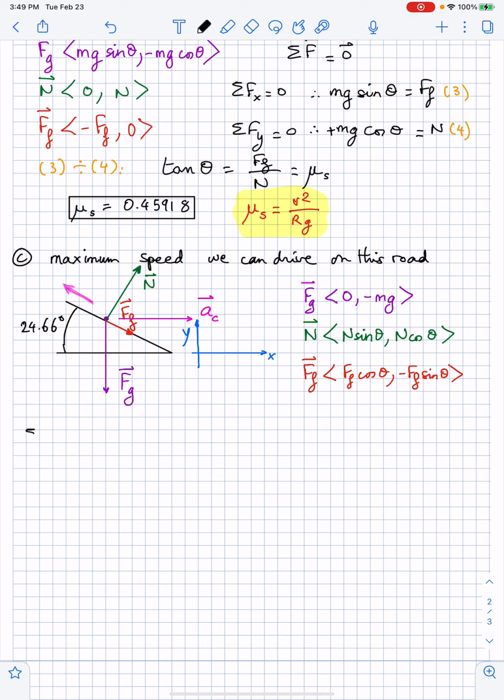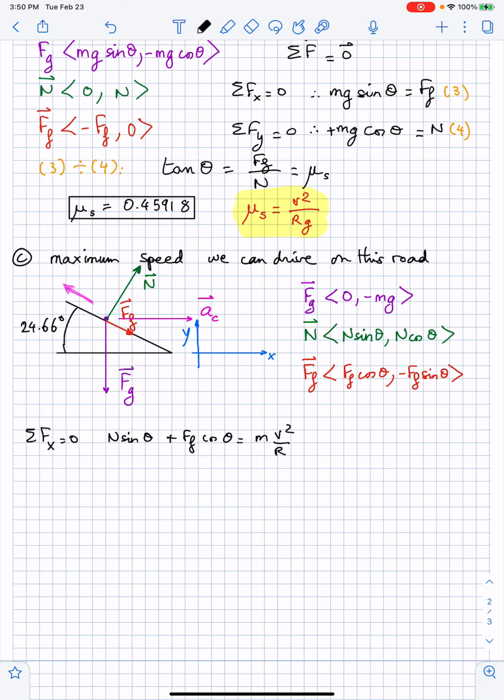Right? So we're going to have the sum of the forces in the x direction. That's going to be equal to 0. So in the x direction, we're going to have n sine theta plus force of friction cosine theta, and it's going to be equal to mv squared over r.